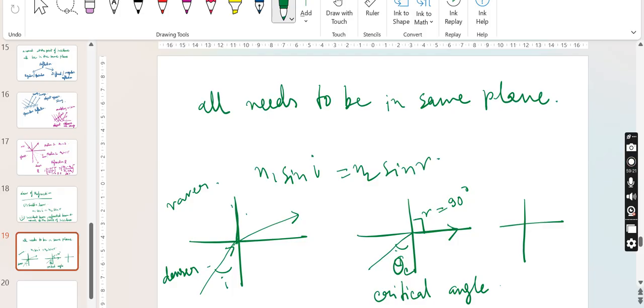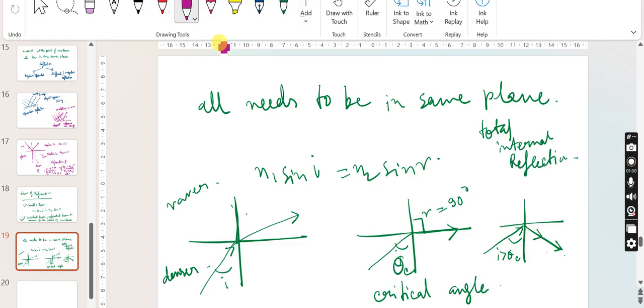And if we increase that incident angle, so that i is greater than that critical angle, then all the ray will be reflected in the same medium only. And that is called total internal reflection.